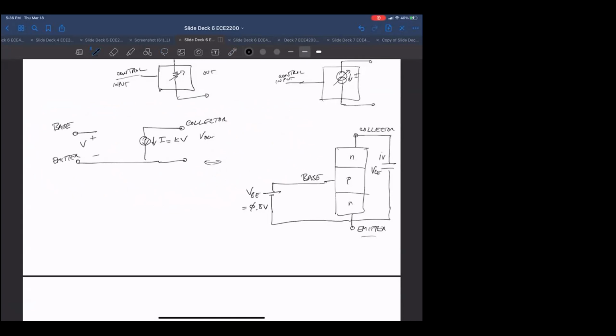What that does is this 1 volt makes the difference between these two nodes, which I'll draw as a dashed line.